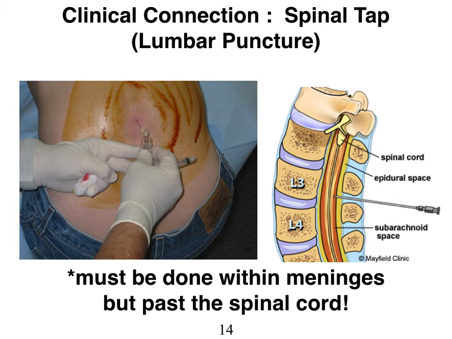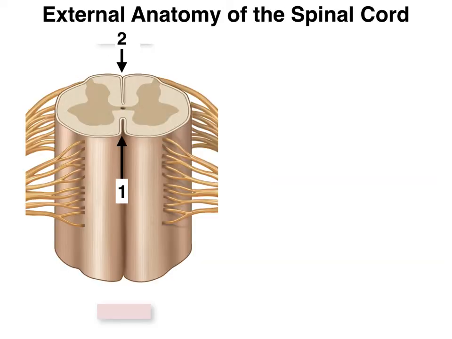So we've talked about the gross anatomy of the spinal cord. We're going to start zooming in and begin to look at the smaller-level anatomy of the spinal cord. And here we have a dissection diagram through part of the spinal cord.